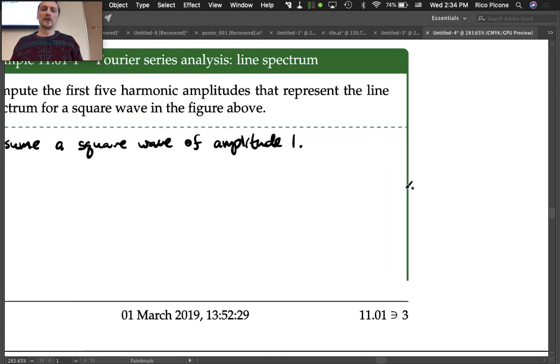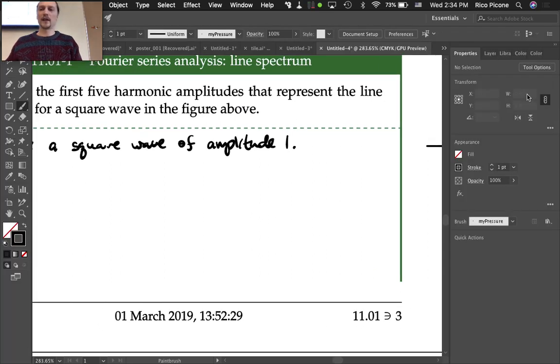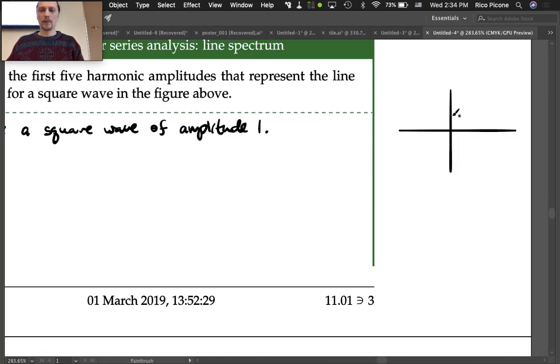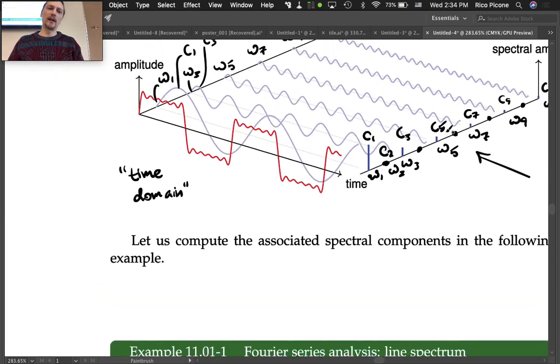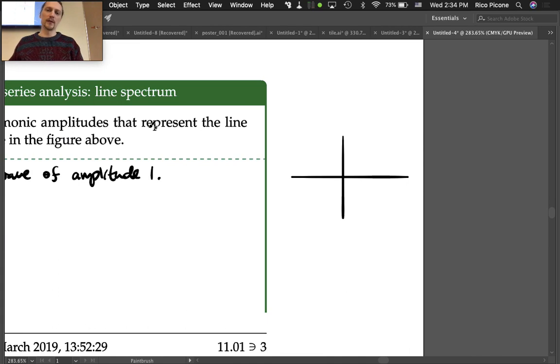So let's draw a little picture in the margin here. What does a square wave of amplitude 1 look like? We see it up there, but let's draw a little more precise version. The one shown up there is an odd one, so let's use the odd one. You can also make even ones or ones that are neither even nor odd.